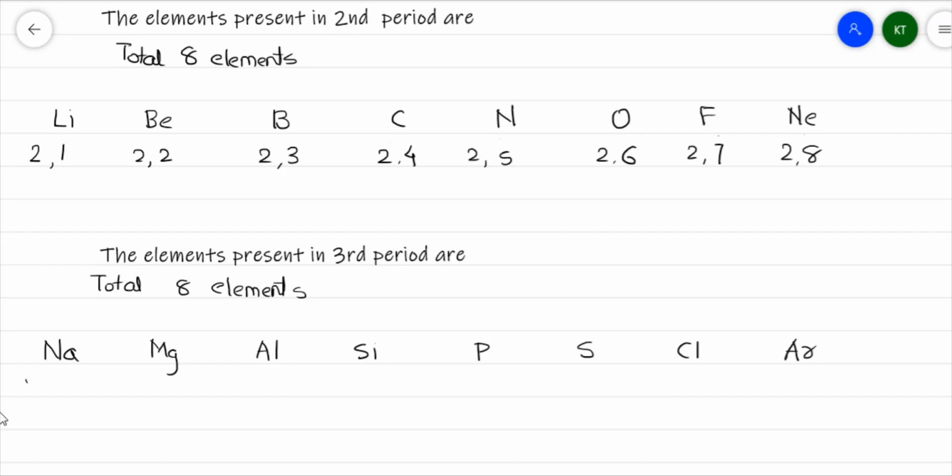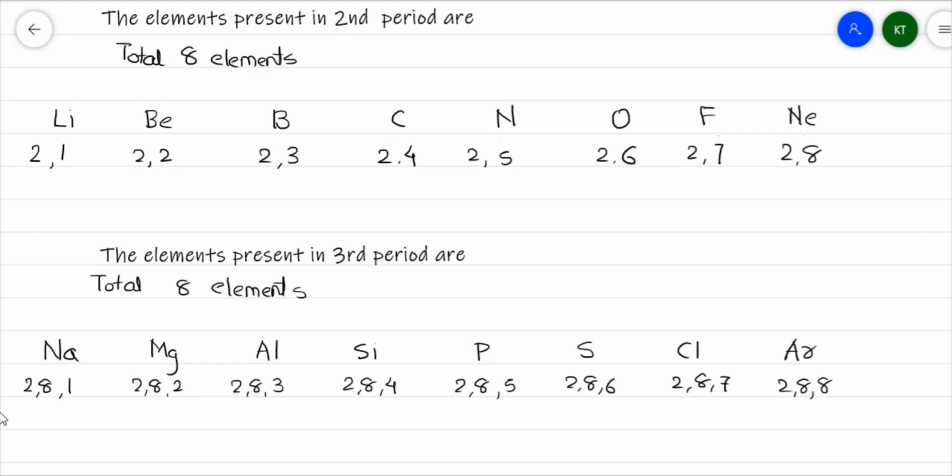Sodium electronic configuration 2,8,1, magnesium 2,8,2, aluminium 2,8,3, silicon 2,8,4, phosphorus 2,8,5, sulfur 2,8,6, chlorine 2,8,7 and argon 2,8,8, octet completed.